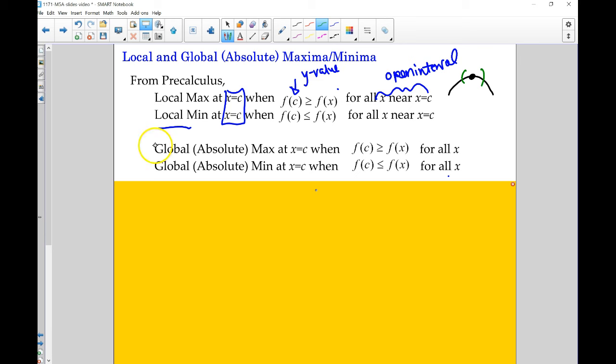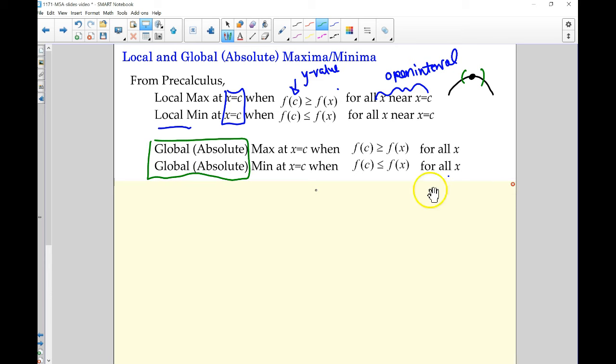Now, on the other hand, globals, or you might also see the language absolute maxes and mins, same thing, but now this is saying that the function value must be bigger than all other y values. So the y value corresponding to our max or min must be bigger or smaller, depending on whether it's a global max or min.